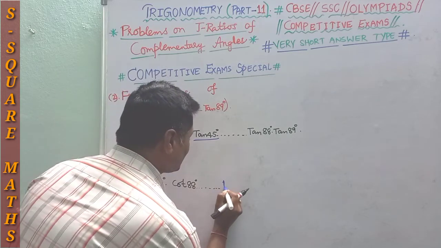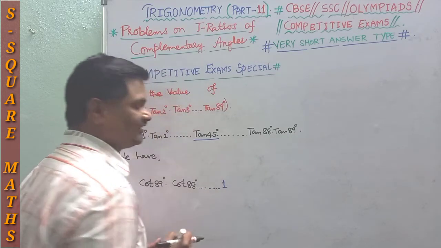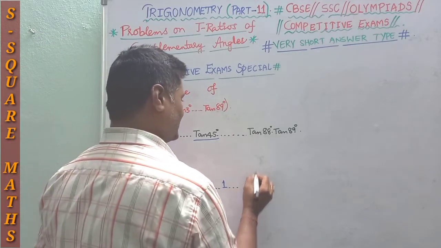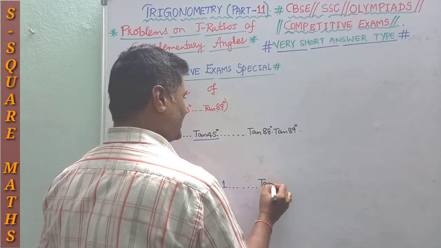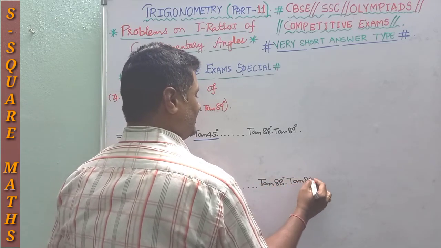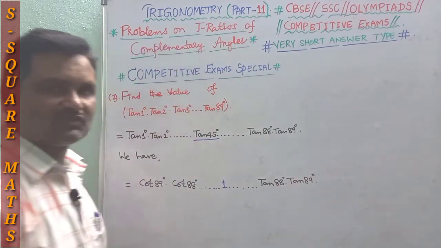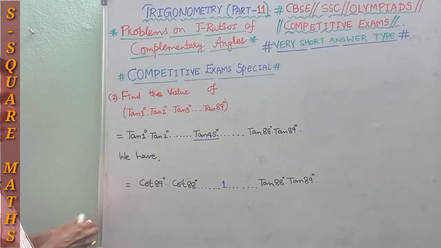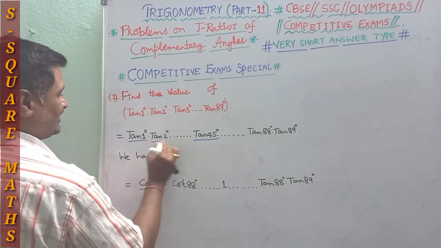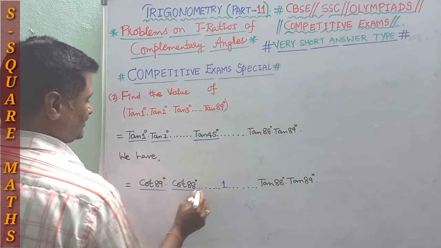Okay. That is 1 that I am going to write here. Next, and so on, I am replacing the same here, tan 88 degrees and into tan 89 degrees. Okay. So what I have done, just replace tan 1 degree with cot 89 and this one with cot 88 degrees.